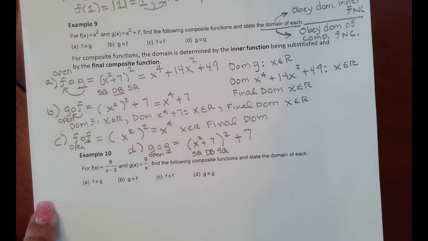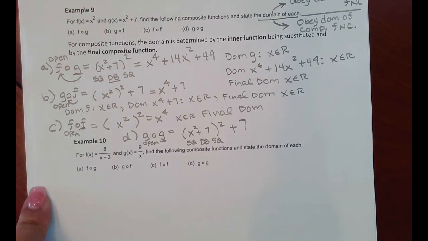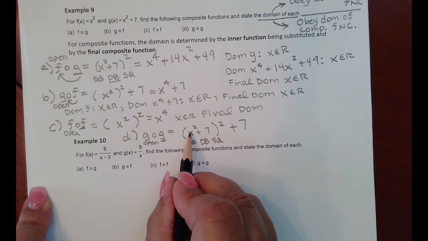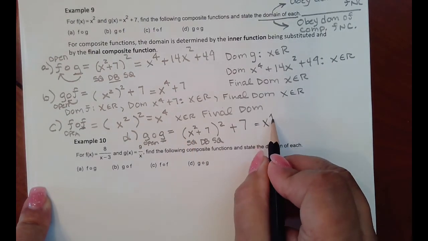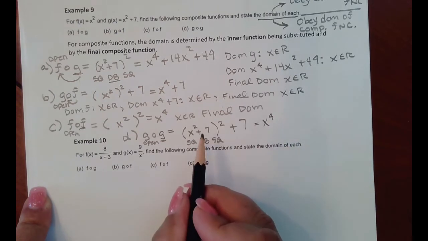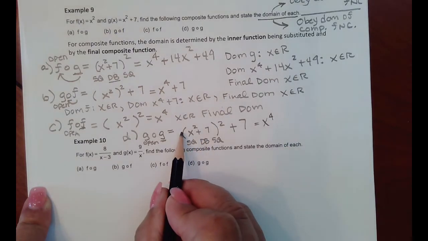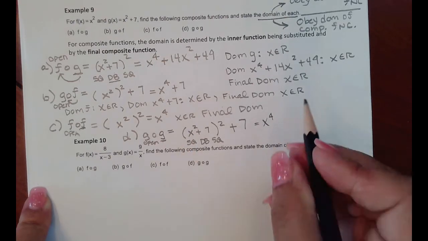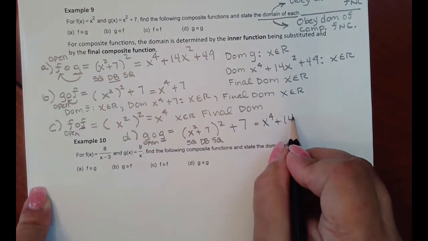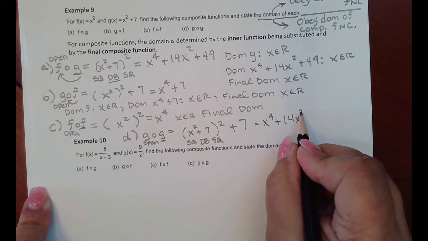Use this to go from 7 steps to 3. So you're going to square this. That means x squared times x squared is x to the fourth. Then you're going to double. You're going to multiply this times this. So imagine having this in front of it as a coefficient, but then doubling it. In other words, multiplying by 2. So you'd have 14x squared.